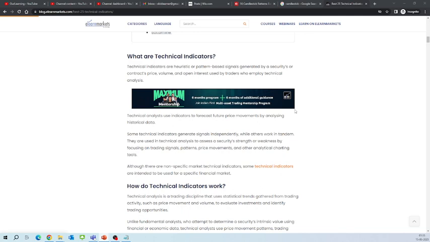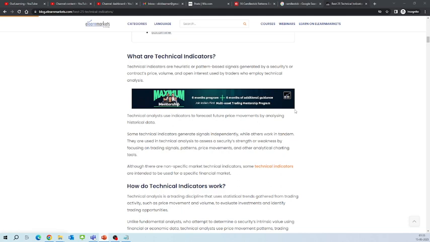So basically it's technical analysis to assess whether something is getting stronger or weaker in the market, and this can depend on various signals coming from trading patterns, price movements, and other analytical charting tools.